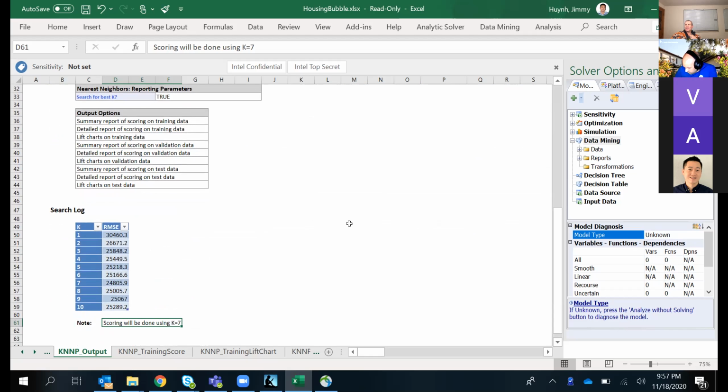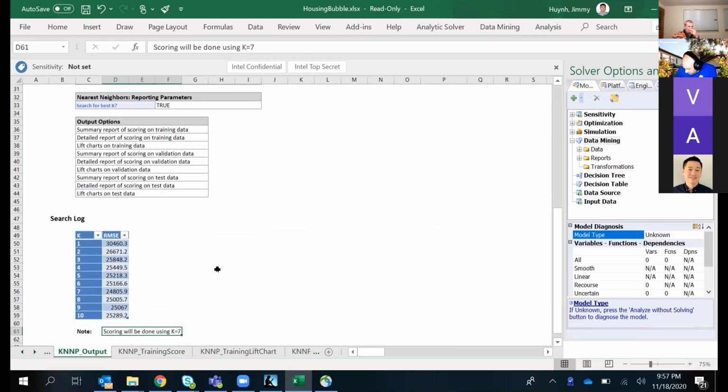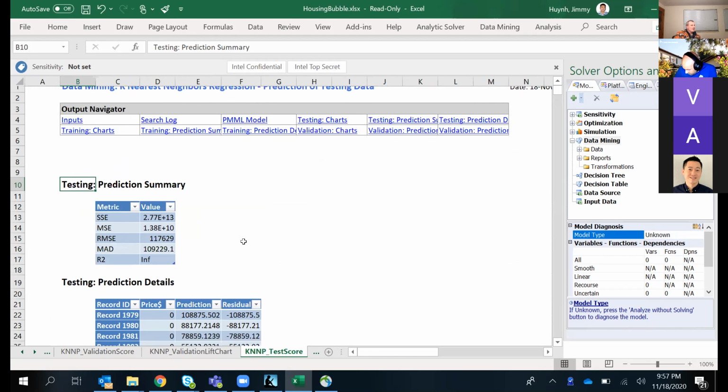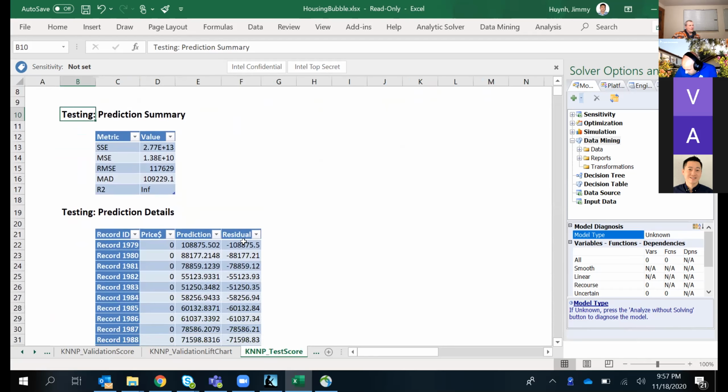That's a really long sentence. That's done for you. It might as well just say, go to the test details page and read off the home prices, because the validation and the test set were done using K=7. So where do we go for the test set? That's where we just were, in the test prediction details right there.